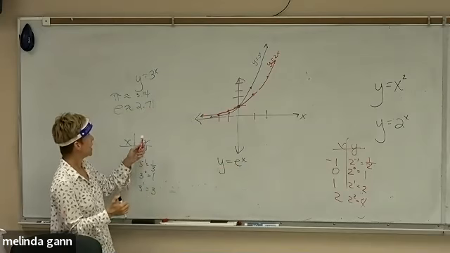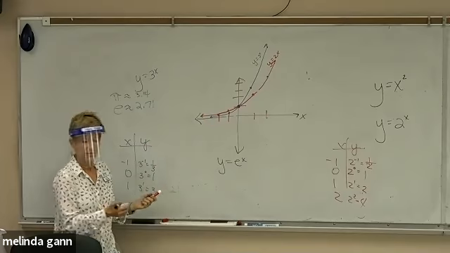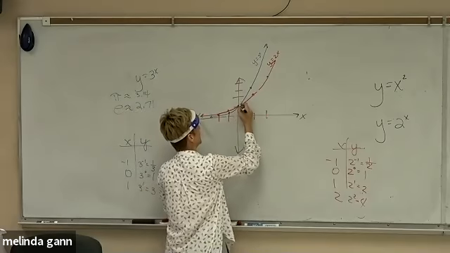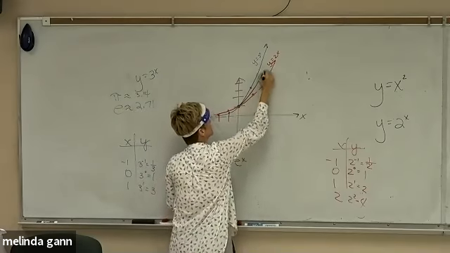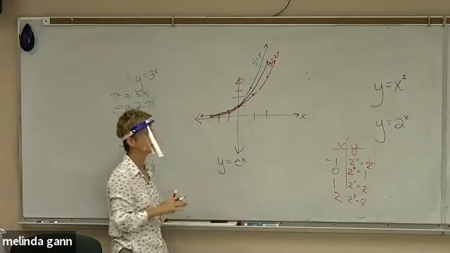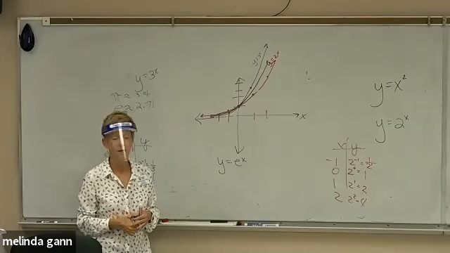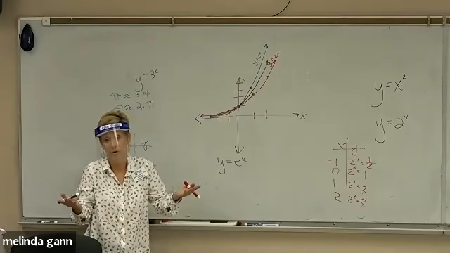Isn't e a number between 2 and 3? So that graph is just going to look like this. It's the black graph. Nothing weird, unusual, freaky. Just a number.